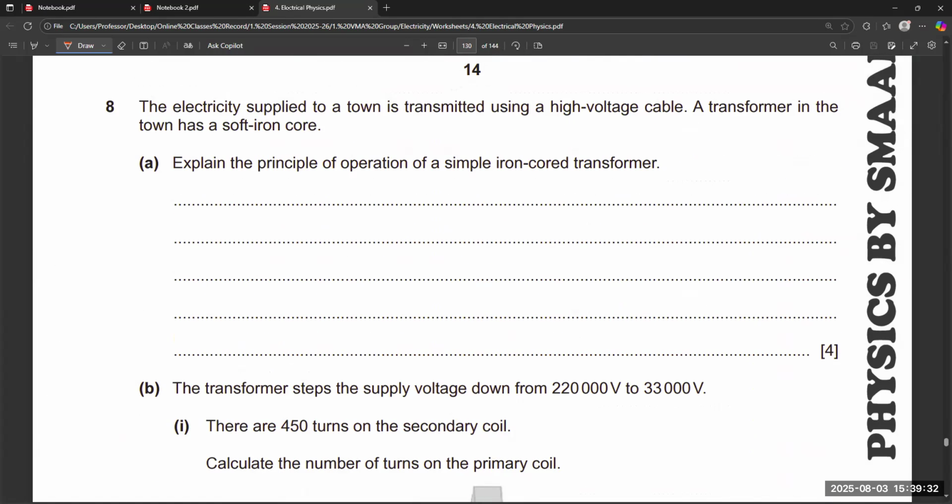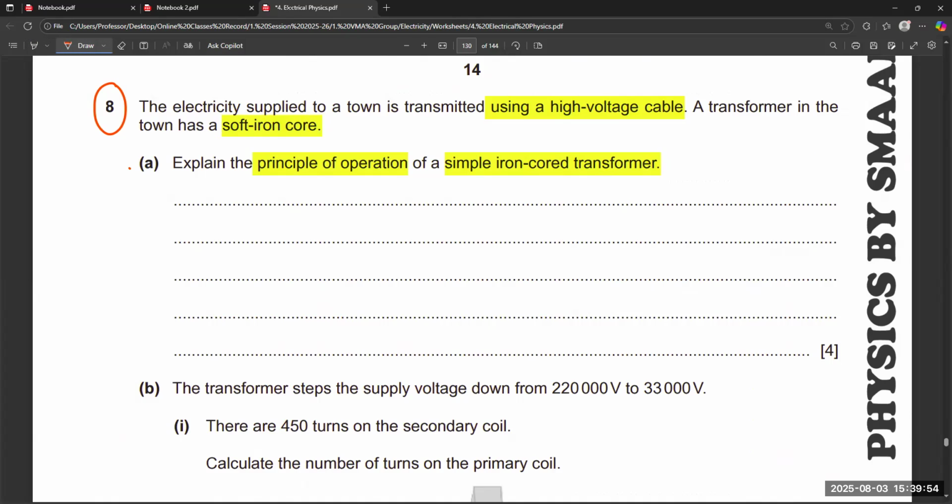Okay, this is another question related to the transformer. The electricity supplied to a town is transmitted using a high voltage cable. A transformer in the town has a soft iron core. Explain the principle of operation of a simple iron core transformer.